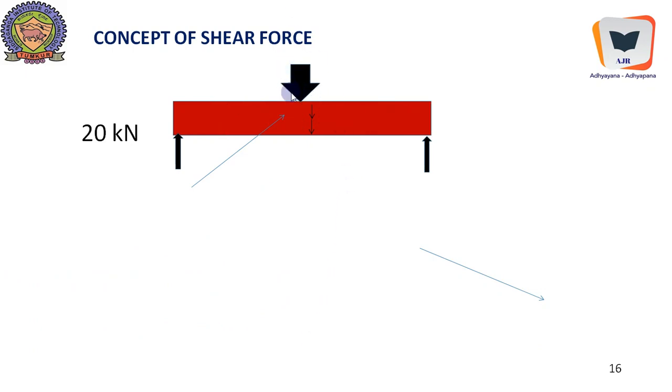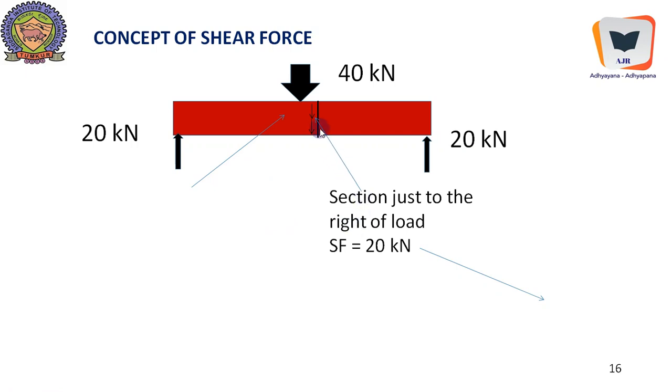Consider a load, take a load over here, and consider the portion of the beam. Let it be 40 kilonewton. 20 kilonewton would be the reaction, and we will consider a section just to the right of this force, and here we will find the shear force. The reaction dominates, because by considering the section to the right of this particular load, we are eluding the effect of 40 kilonewton, and we are considering only the effect of the reaction.